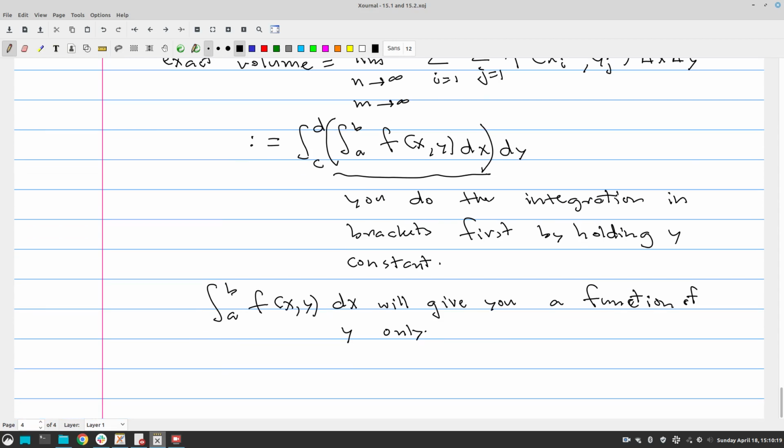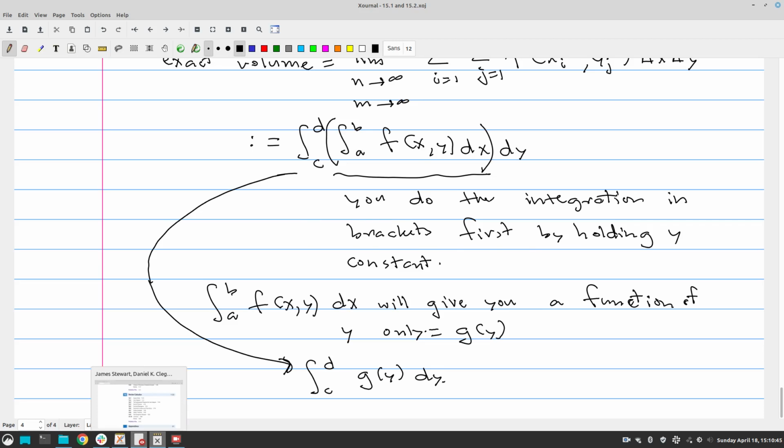Let's call it g of y. Some function g of y. Then what you do, you integrate g of y dy, right? And then you get your answer. So this is actually equal to the integral of g of y dy.